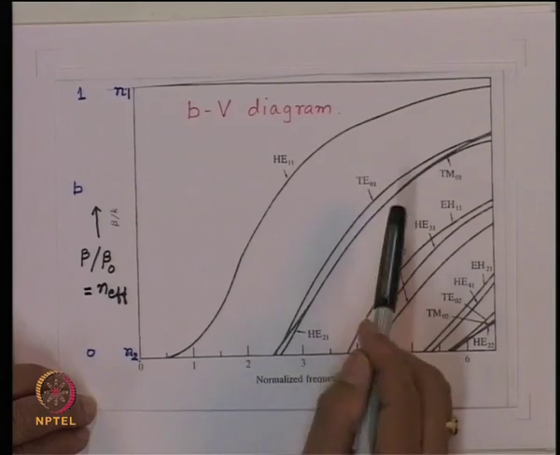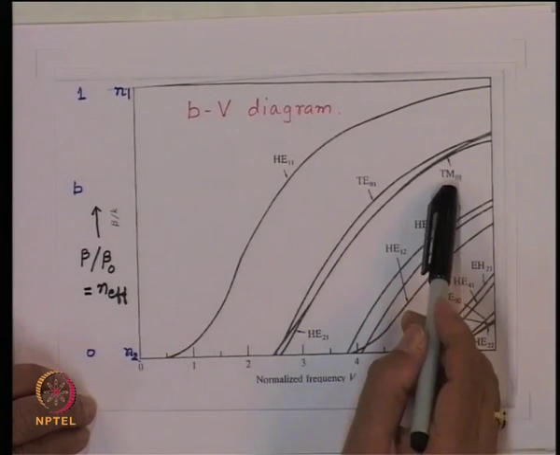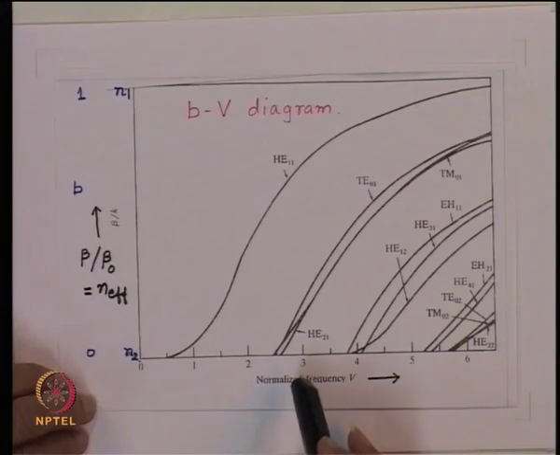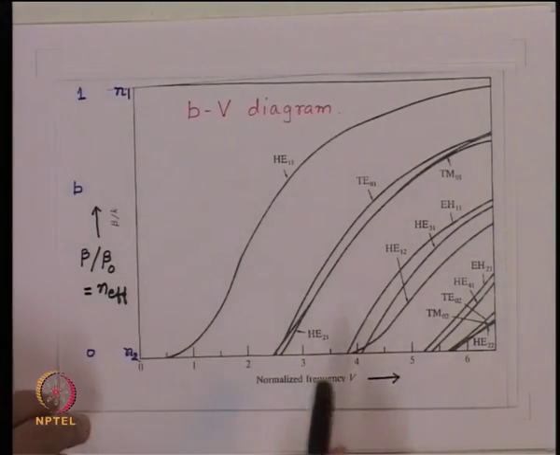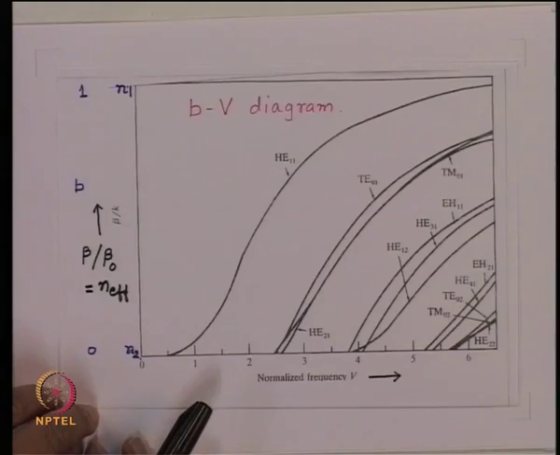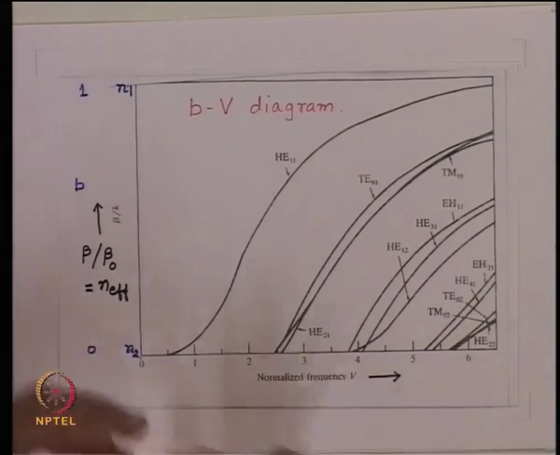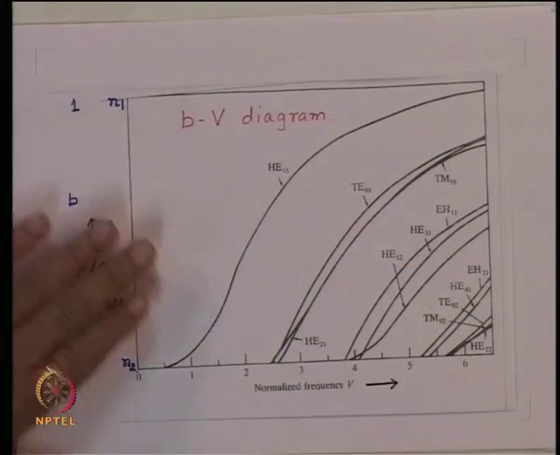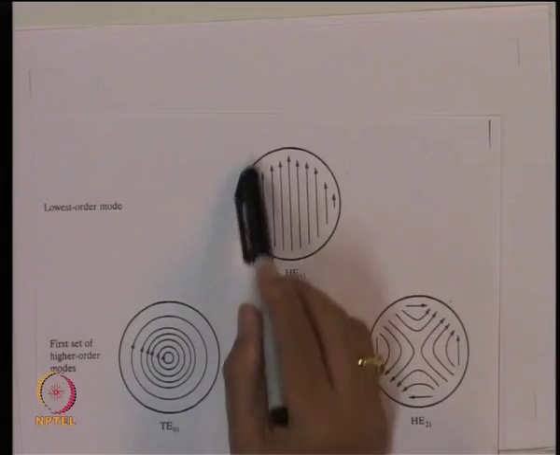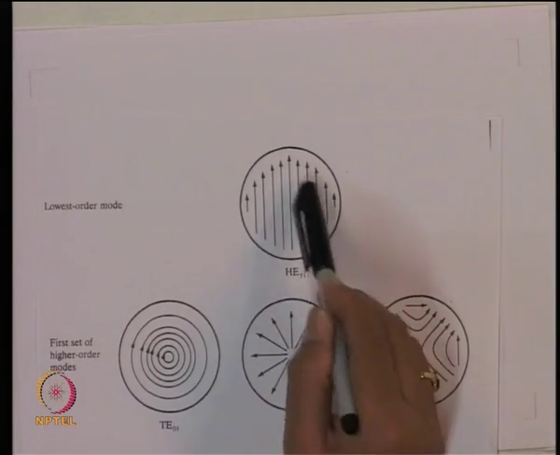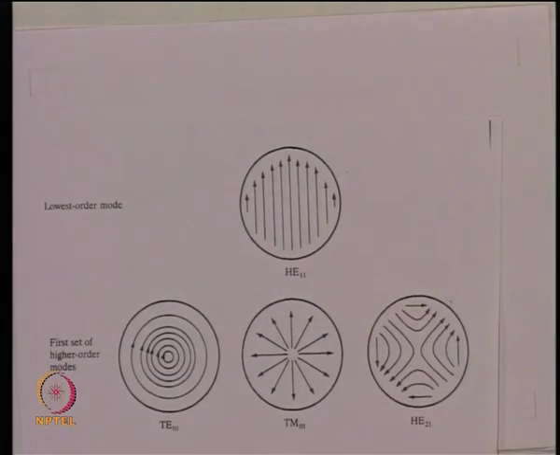So, we will never see individual modes like TE01, TM01 and HE21. You will always see a combination of these three modes, and this combination would generate a field distribution which would be linearly polarized. This mode, which is an isolated mode, is already linearly polarized. As you can see in the field distribution, the polarization is linear everywhere.